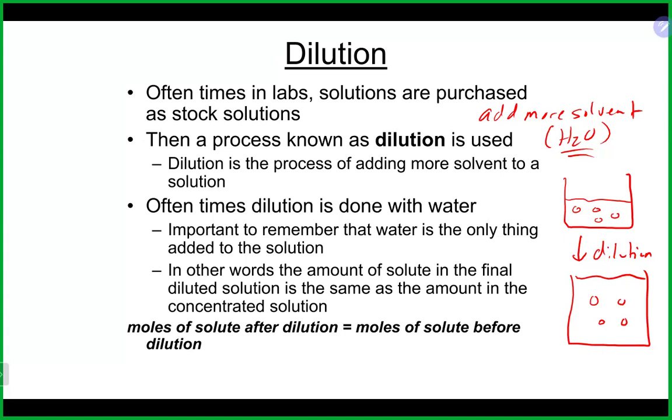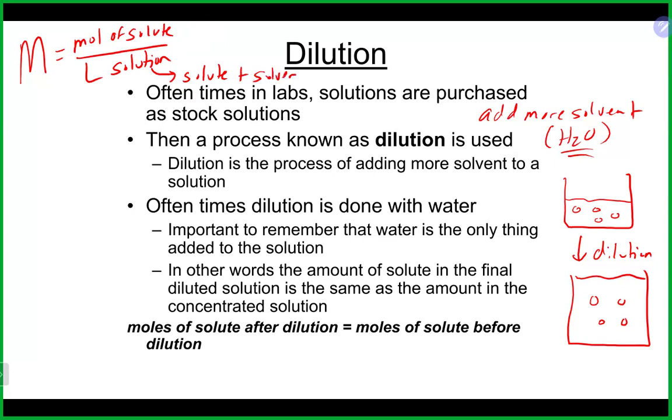Why does the molarity go down? Well, if we just look at the molarity equation with all of its words, moles of solute divided by liters of solution. Now, remember, again, our solution is made up of two things: the solute plus the solvent.